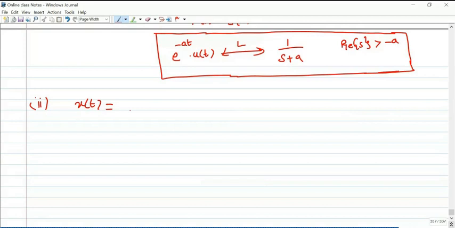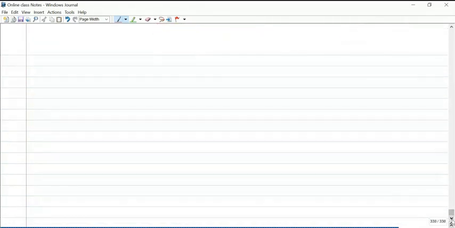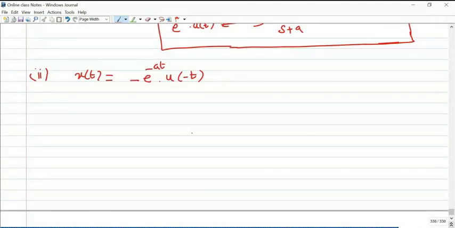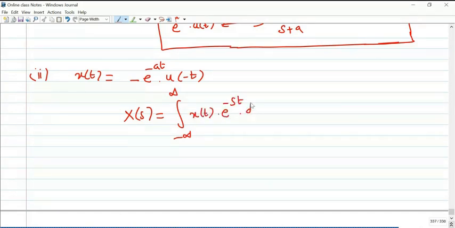Second problem, x of t equal to minus e power minus at u of minus t. Find the Laplace transform and mention the region of convergence. Formula for Laplace transform, integration minus infinite to infinite x of t e power minus st into dt.